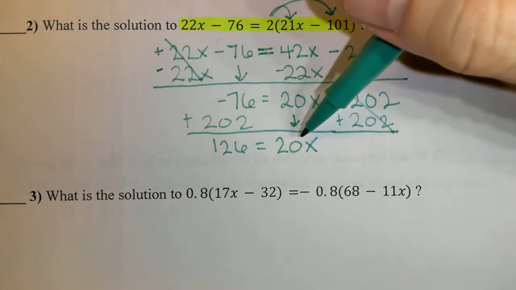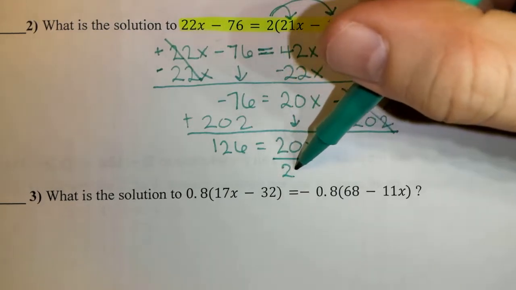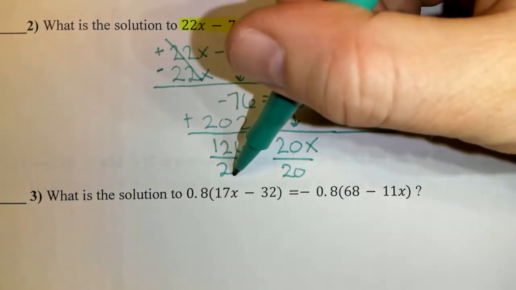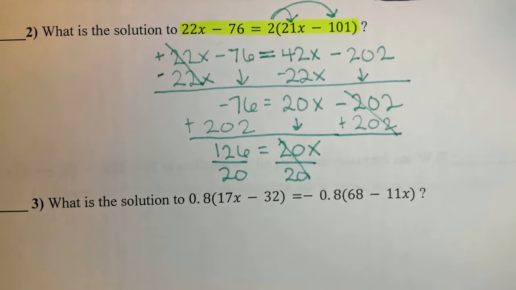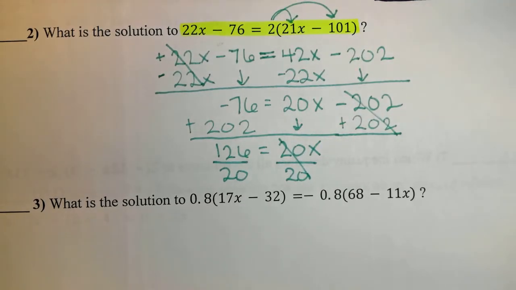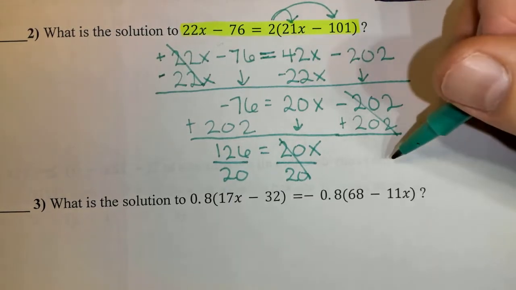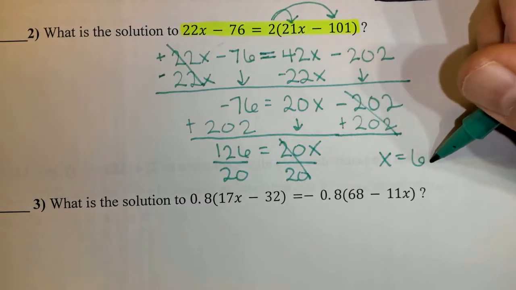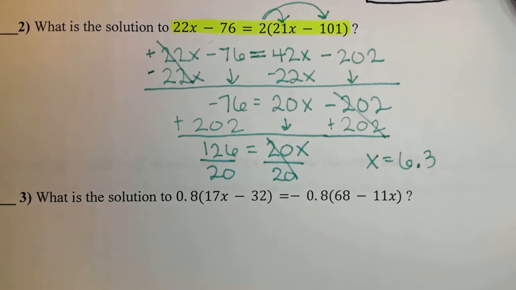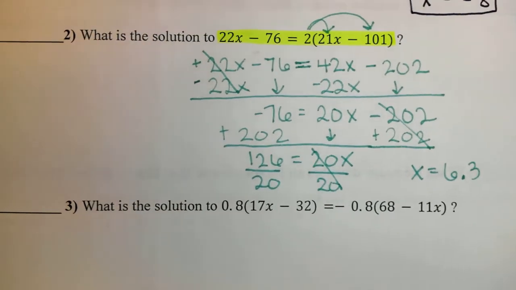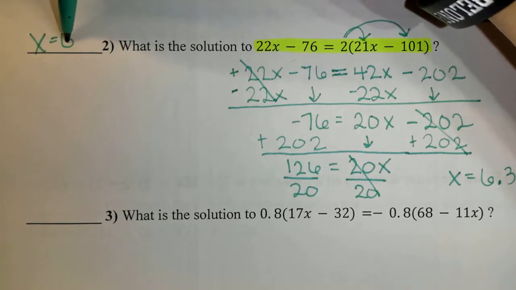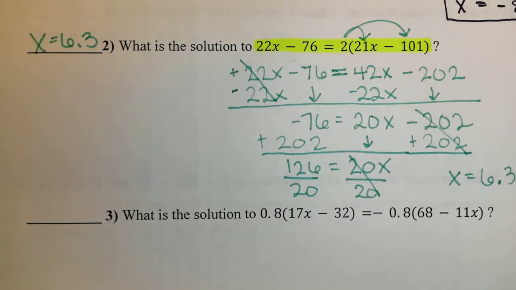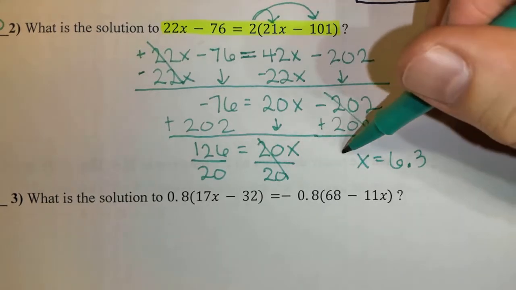And then my last step, because I have 20x, I divide by 20. And my answer becomes 6.3. x equals 6.3. I'm going to go ahead and write that up here. So that's my answer.